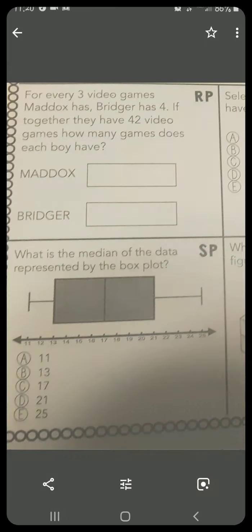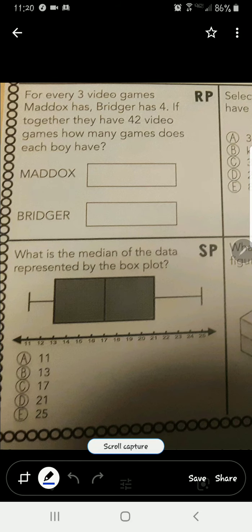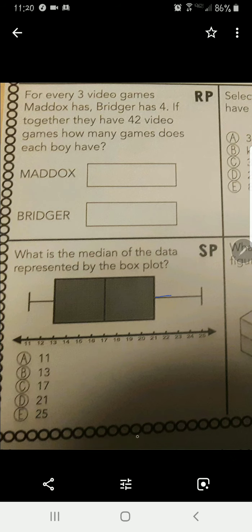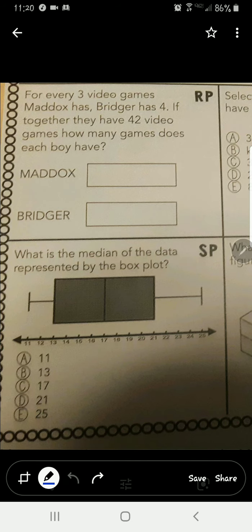Okay, next problem. What is the median of the data represented by the box plot? So I always call this a box and whiskers plot because of that, but I guess now teachers are just calling it a box plot, but okay.